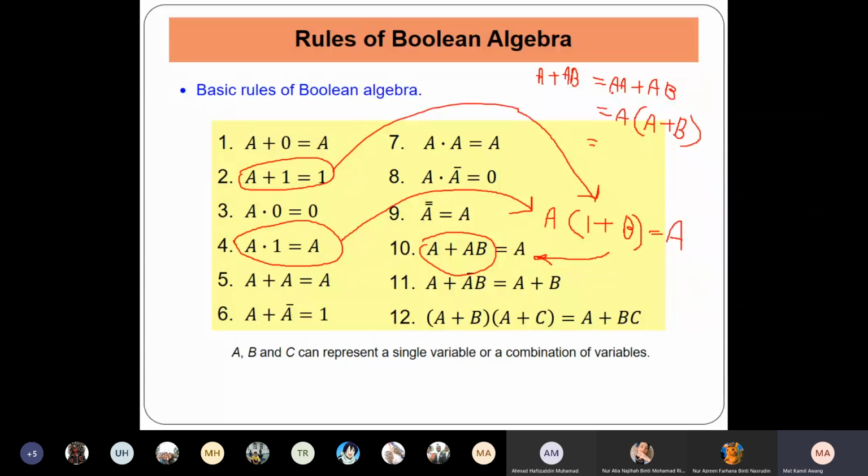So first, basically you use this number 7, so that you can use the distributive law. Right? So A, then you get A or B. Okay.